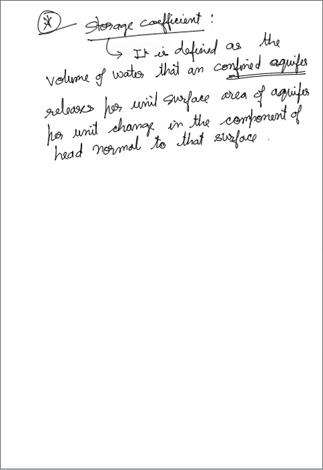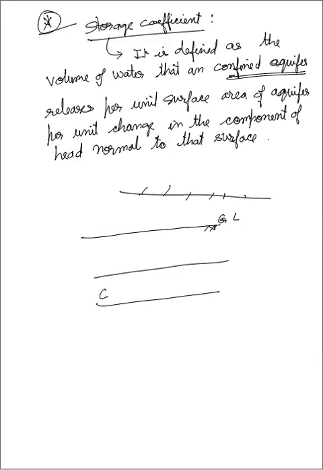We will understand. Storage coefficient, whenever we are having some confined aquifer, suppose this is your ground level. Okay, so this is your confined aquifer. You can see, it is one type of pressurized flow. So storage coefficient is defined as volume of water that a confined aquifer releases.